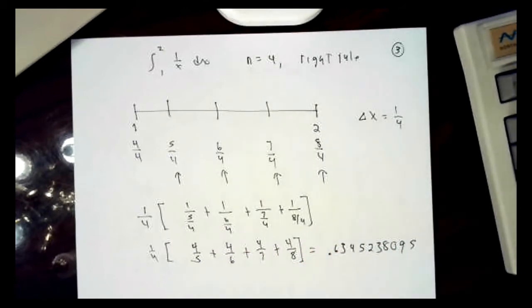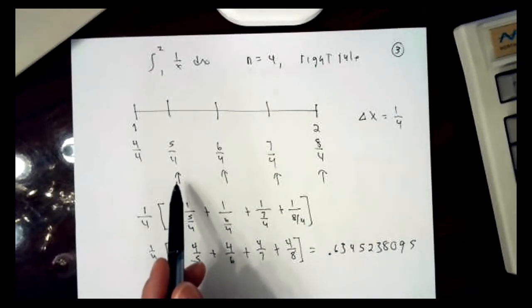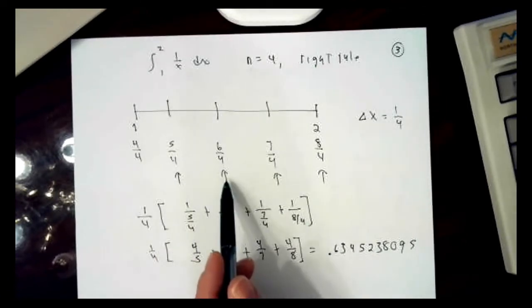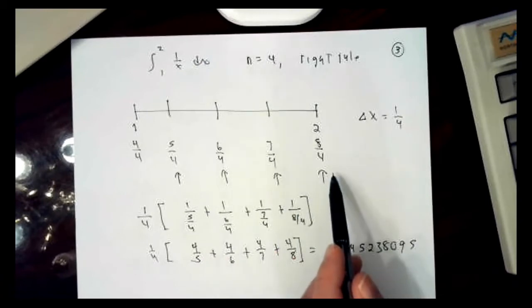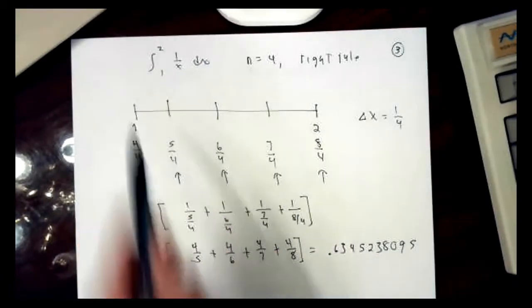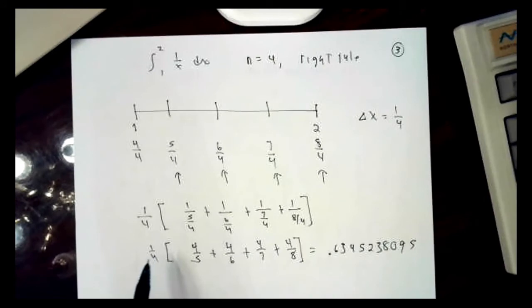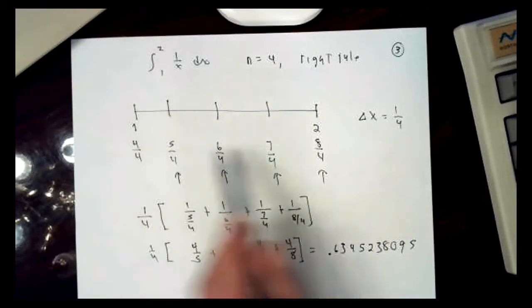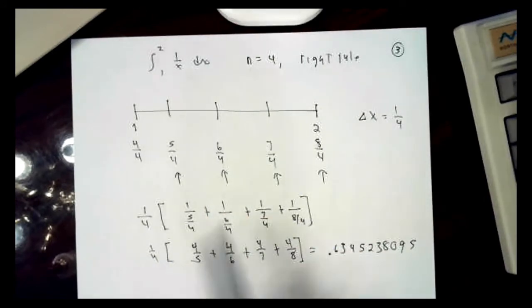I have to look at the right ends of the subintervals. I have to look at the function at this point, there, and there, but not there. 1/4 times 1 over the reciprocal of 5/4 is 4/5. The reciprocal of 6/4 is 4/6, and so on.